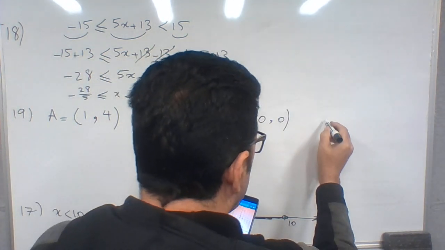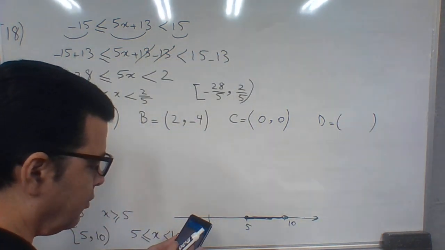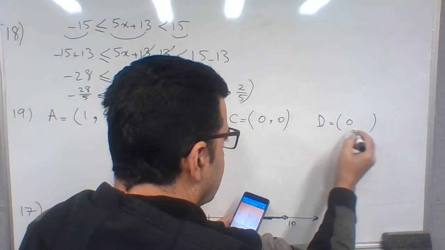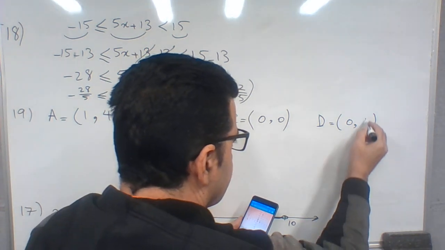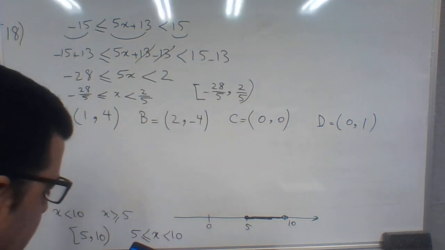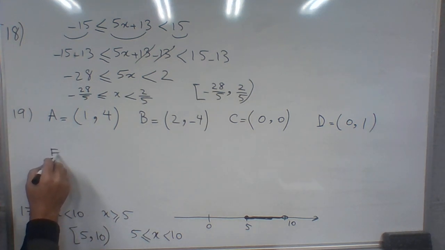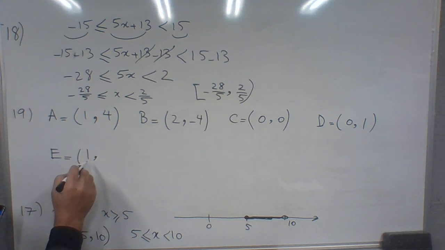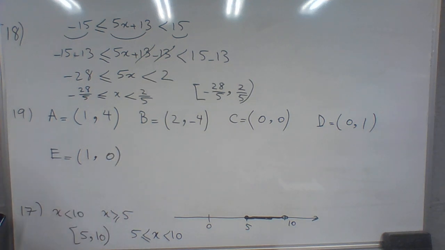And then D. D is no unit in x direction and 1 unit in y direction. And then E. E is 1 unit in x direction and 0 units in y direction.